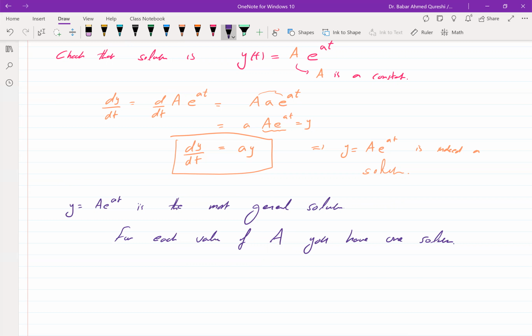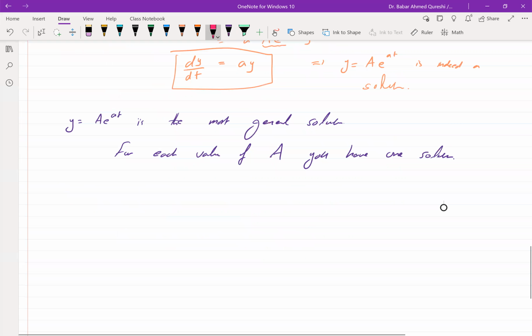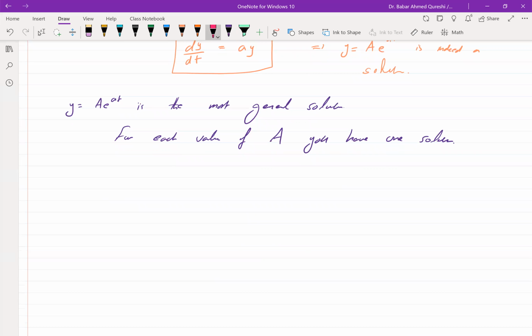You haven't changed the equation, but you can still change this capital A and your function still satisfies this equation. So sometimes you can fix this value of capital A. This freedom allows you to solve initial value problems.